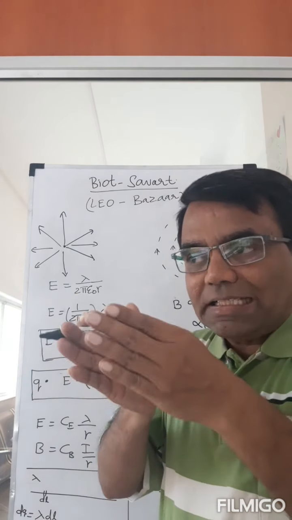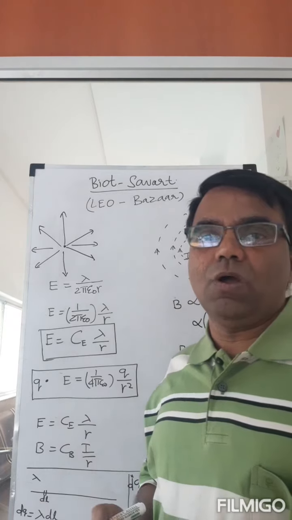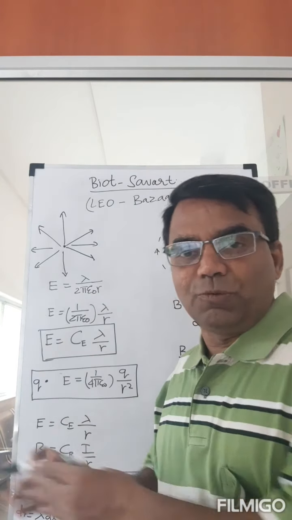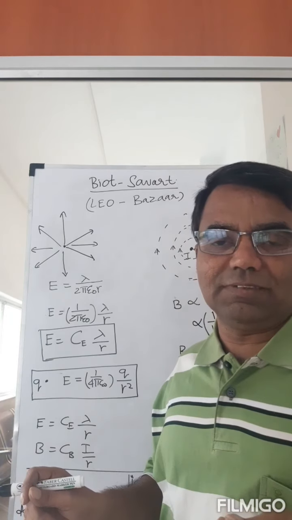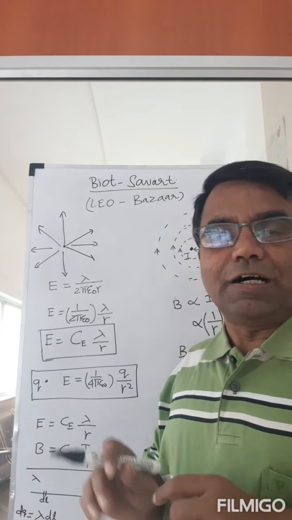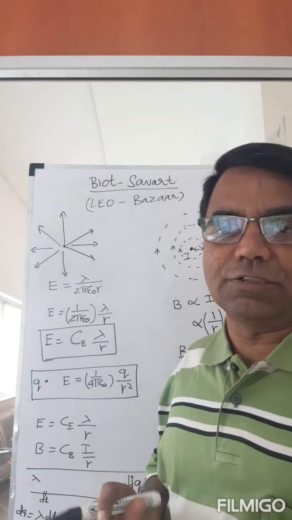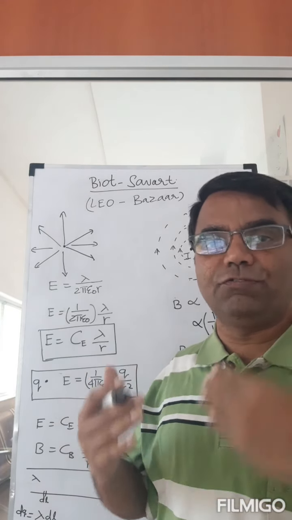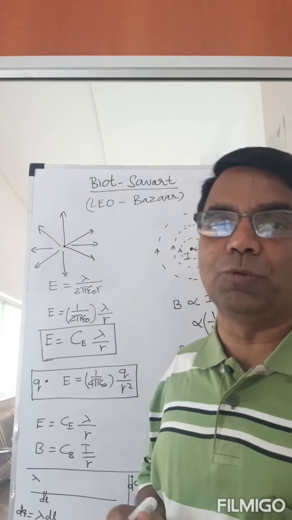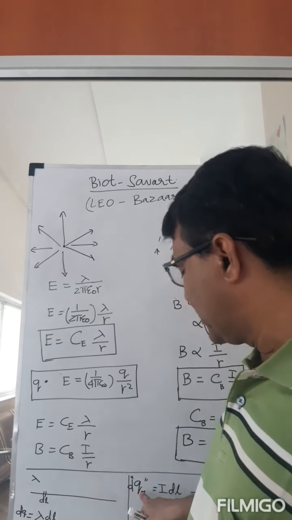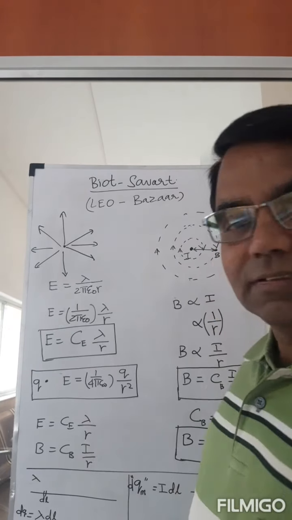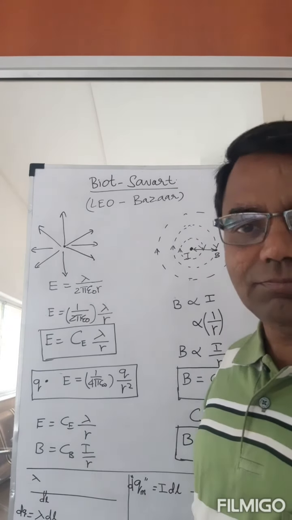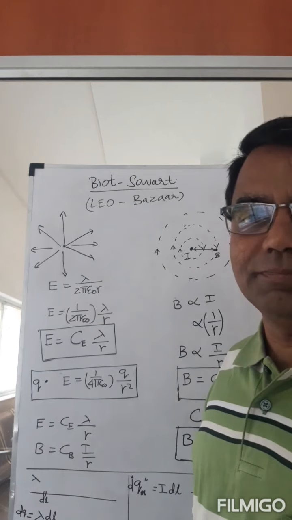You will get only a north pole or only a south pole, like you have proton and electron. So far nobody has found a magnetic monopole. That is why I am just putting that in quotes. But if it were to exist, then it should have this dimension, I dl.